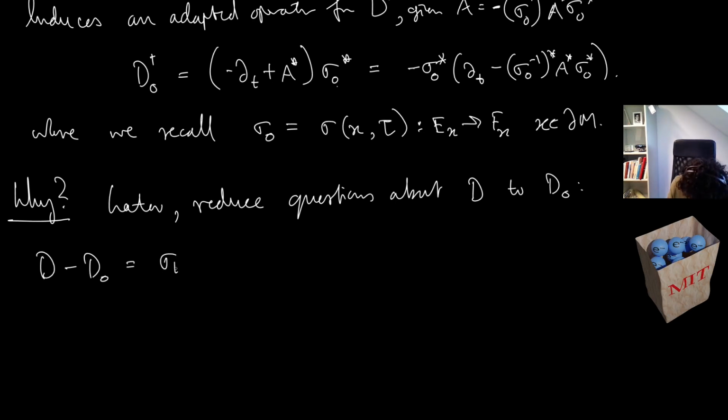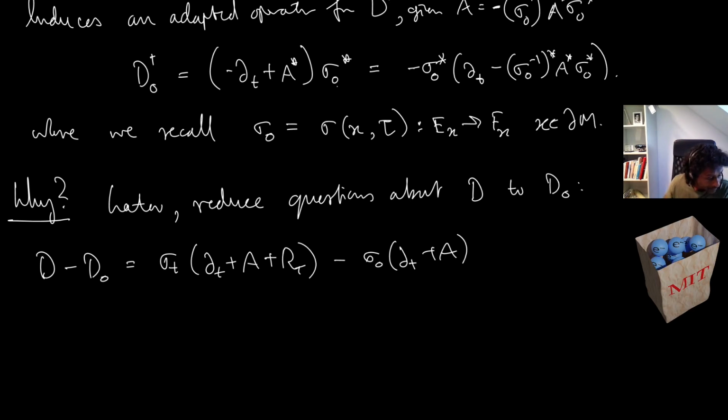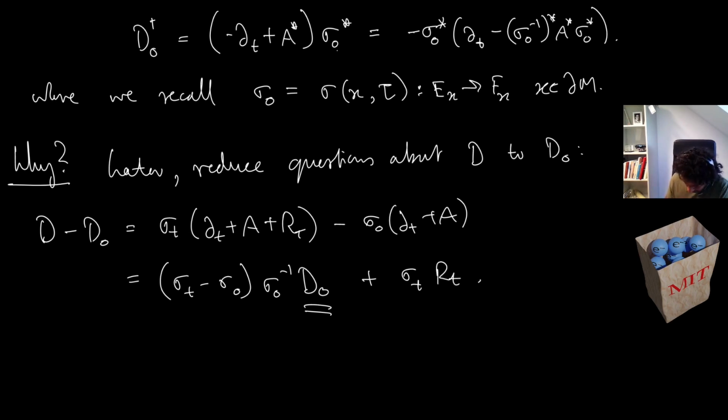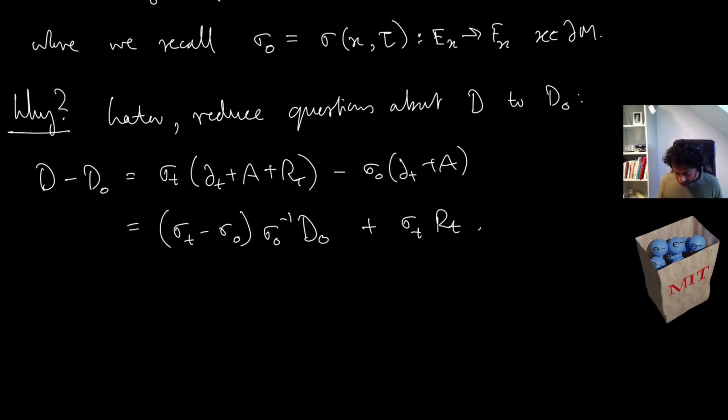This is going to be equal to dt plus A plus RT minus sigma naught dt plus A. And this is precisely equal to dt minus d naught inverse of the model operator d naught plus sigma t dt, sigma t rt, right? So this is just a simple calculation. So now we see that the model operator appears here, and this is the remainder part.